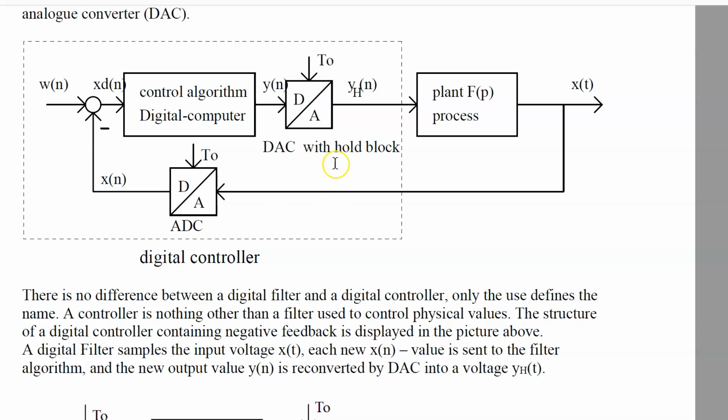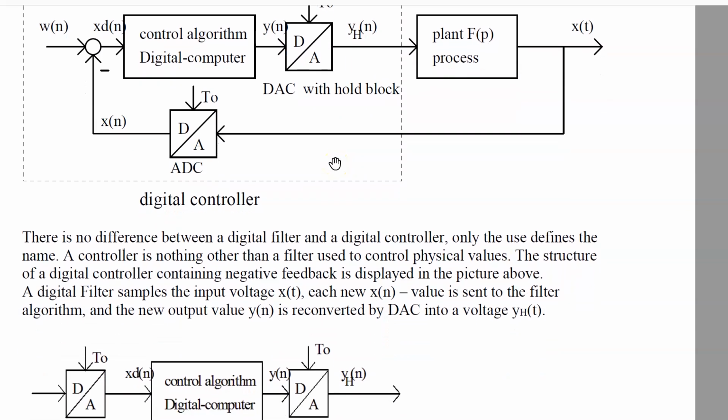Or in other words, a digital filter and a digital controller are really the same, but the application, the usage is different. If you use the digital filter in this way to control the output of a process, we call this controller. If we use this algorithm in this way, here is a signal and here is a filtered signal, then the same hardware works as a filter.